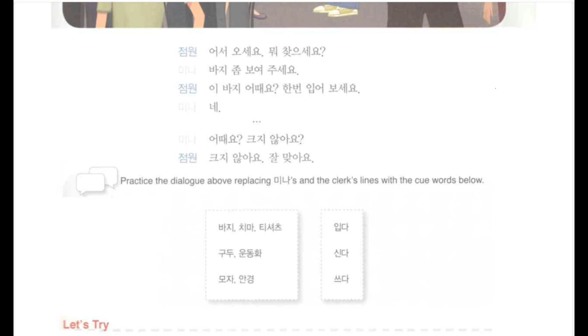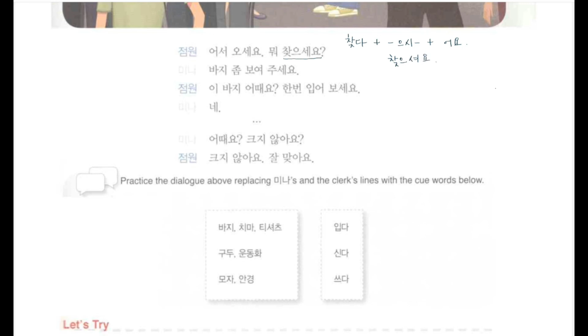자, translation 먼저 합시다. 어서 오세요. Come in. Welcome. 뭐 찾으세요? Shall we analyze this verb a bit? What is the base form? 찾다입니다. To look for. Plus, this is the honorific form, 시 plus 어요. So it becomes 찾으셔요.